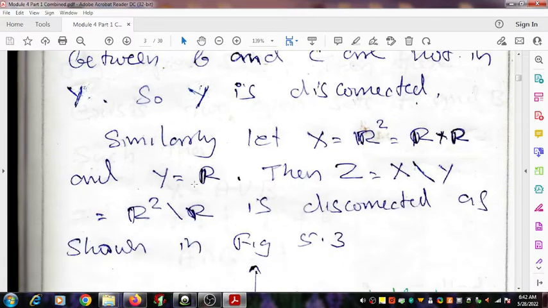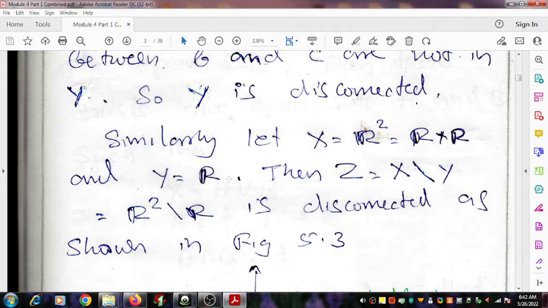Okay, and one more example that will illustrate connectedness and disconnectedness in a topological space. We consider X equal to R2, the Euclidean two-dimensional space, R cross R, and Y equal to R. It's a subset of that topological space, a subspace also.